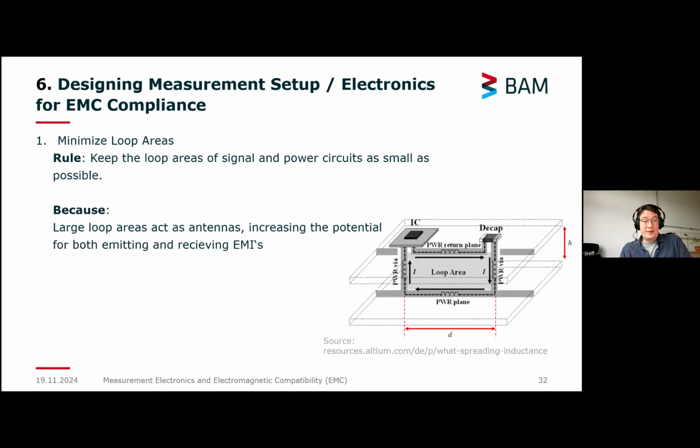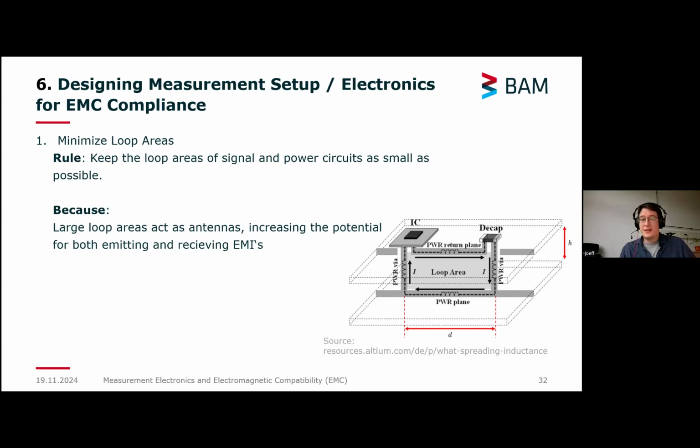So in designing PCBs or printed circuit boards for electronics, you would run into troubles if you have a loop, like a ground loop or a voltage line loop, which is an electronic connection which runs in circles.